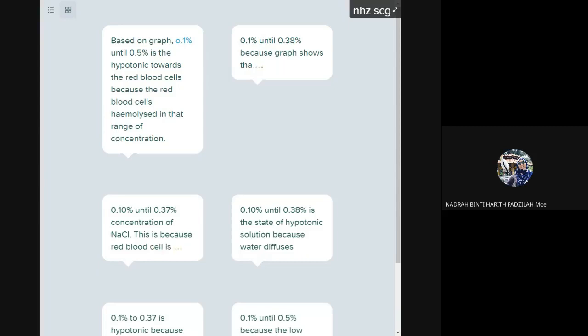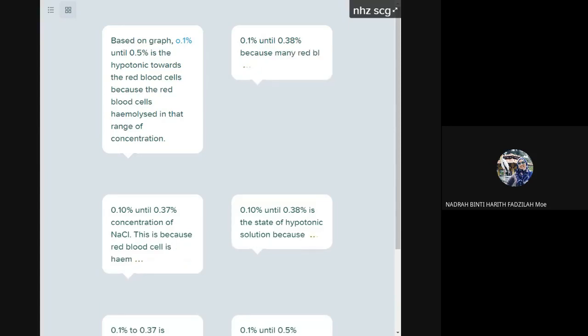So selagi ada hemolyze, sekejap ya, cuba tengok. Dia dari 0.1 tu hemolyze sampailah ke, I might say sampai ke 0.59 kalau nak ikutkan. Okay, sampai 0.59. Sebab starting 0.6 tu barulah zero hemolysis.